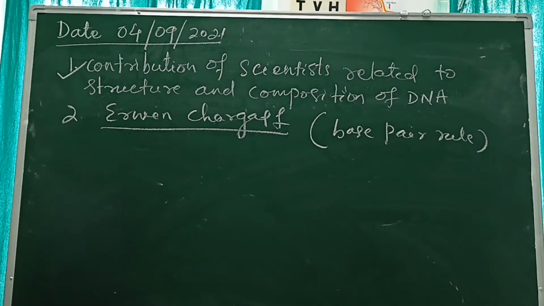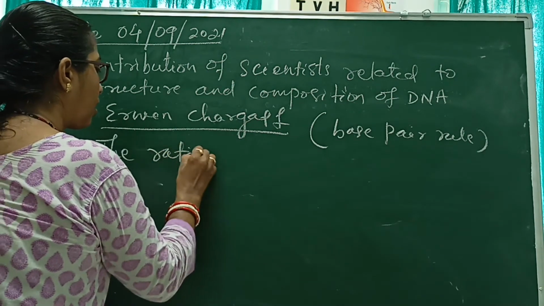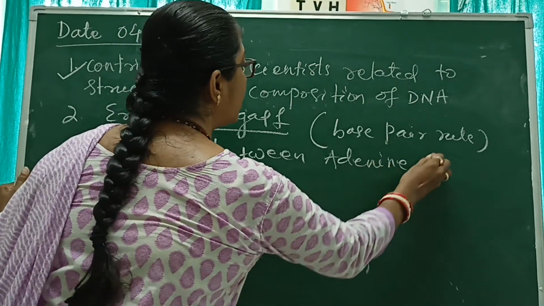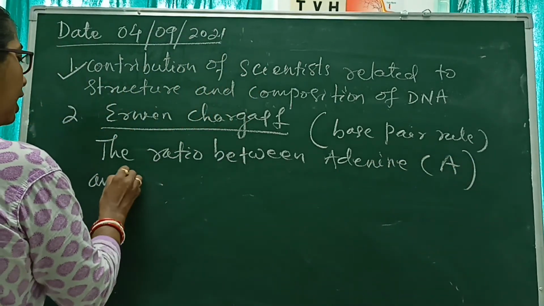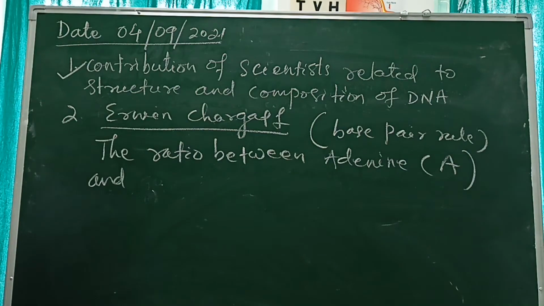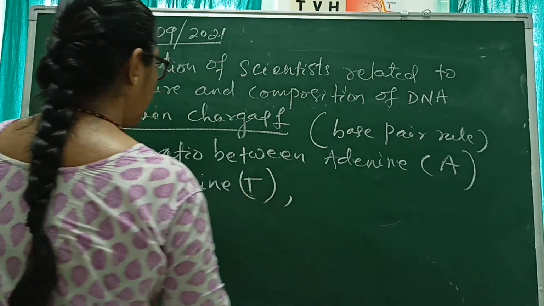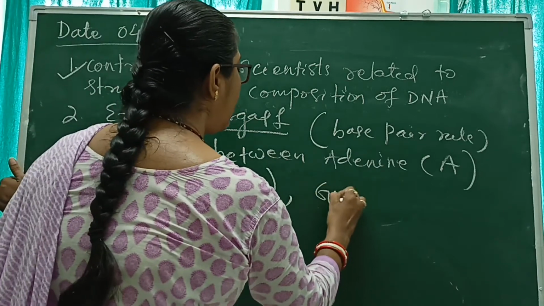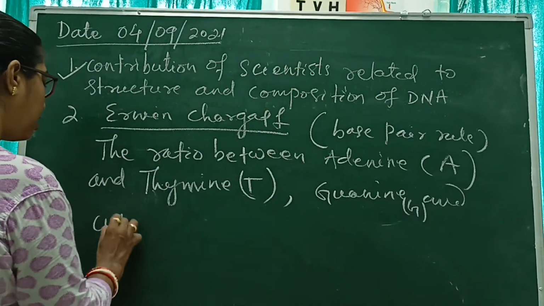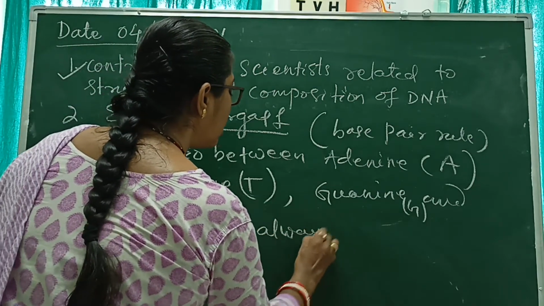What is that conclusion? That conclusion was that the ratio between adenine, that is A, and thymine, I'm sorry, the ratio between adenine and thymine, and guanine, that is G, and cytosine is always constant.